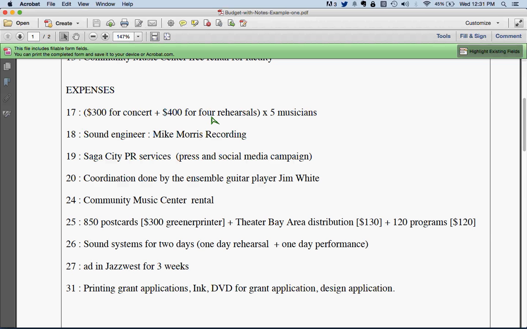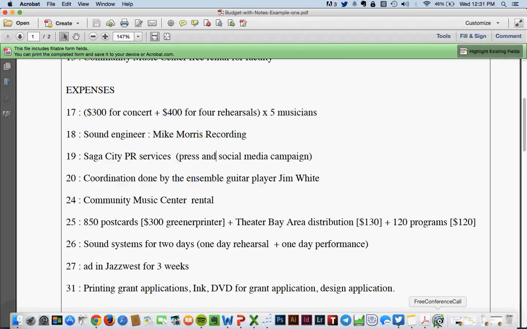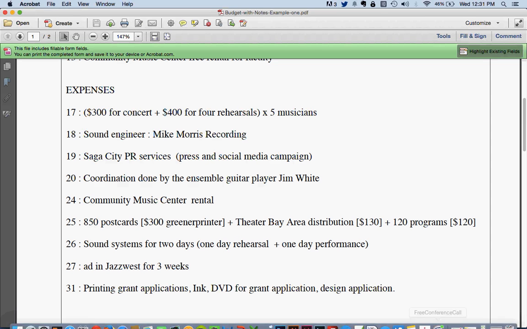Okay, so that's a budget for a project that is pretty straightforward. It's a performance project. We've got some expenses for musicians, and obviously some PR and marketing expenses, but it's not overly complicated. So why don't we look at something that is a little bit more detailed?